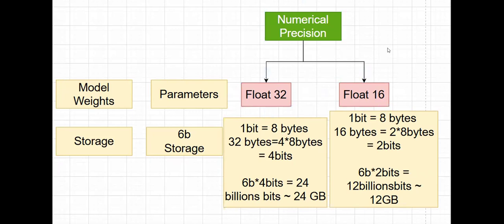We can even reduce it further, moving to float 8 bit or float 4 bit as well. But nowadays the compute required for those is not present. Currently our compute is optimized for float 32, float 64 and float 16.